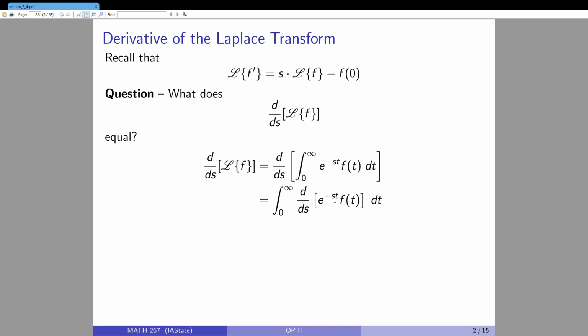And my e to the negative st, well, the derivative with respect to s is going to spit out a negative t by the chain rule. And here now, if we clean it up, pull out a minus sign and group the terms together, oh, wait a minute, this looks real familiar. And it should, because that's simply the Laplace transform of t times f of t.